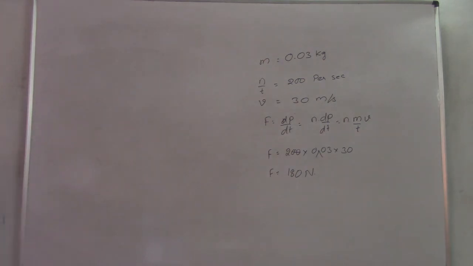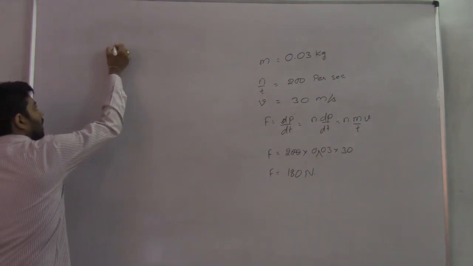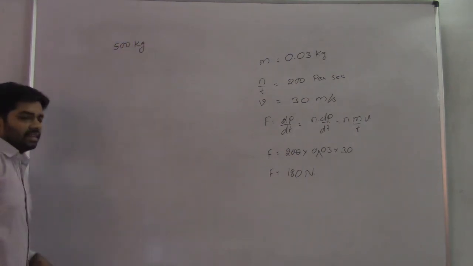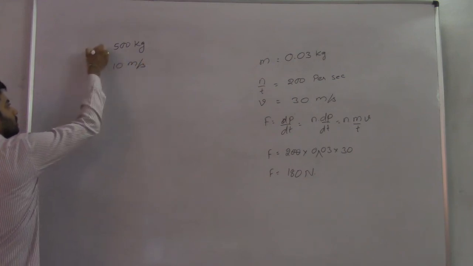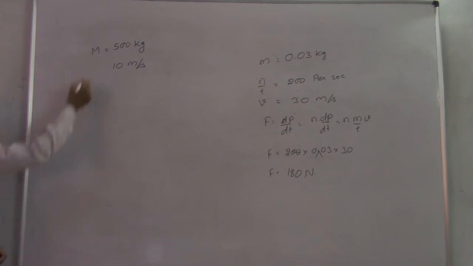Here, next question. A truck of mass 500 kilogram is moving with a constant speed of 10 meter per second.